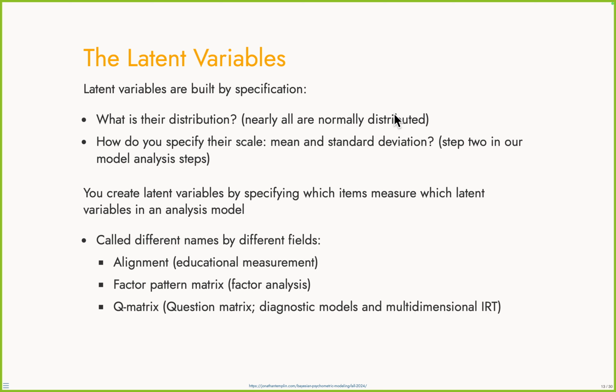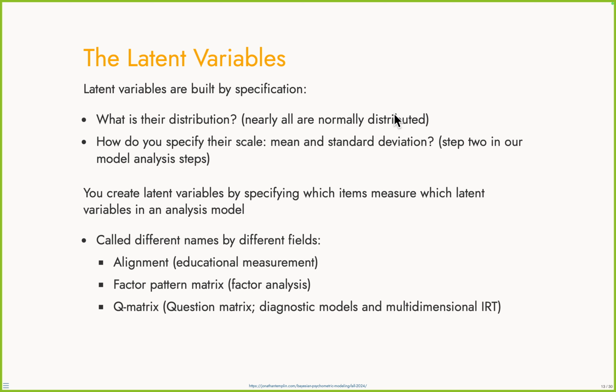There are times, particularly if you're taking an IRT class, you might say ability just exists on some type of continuum, and you have to go and figure out what that continuum is. But most of the time, we give a distribution to the latent variable, almost always.